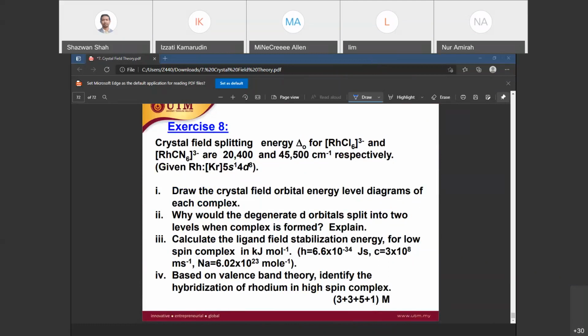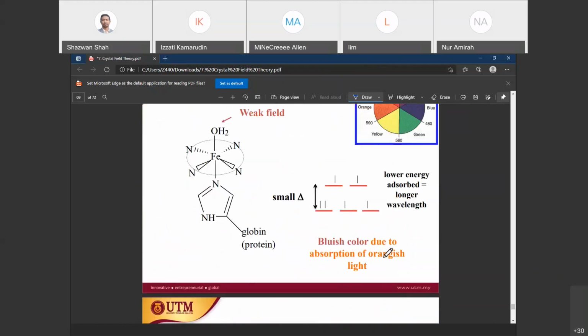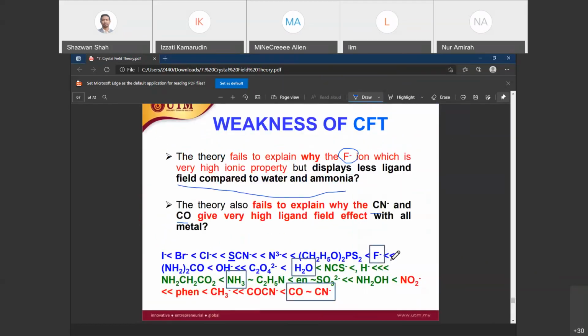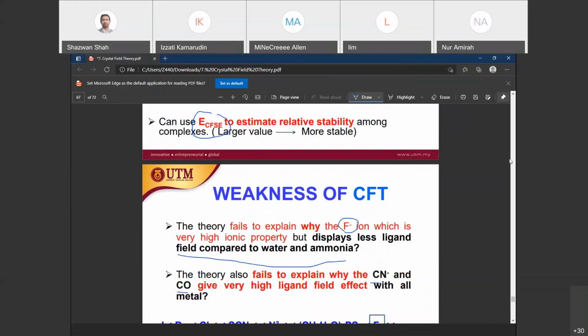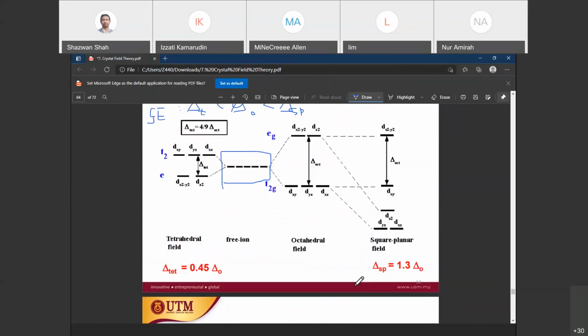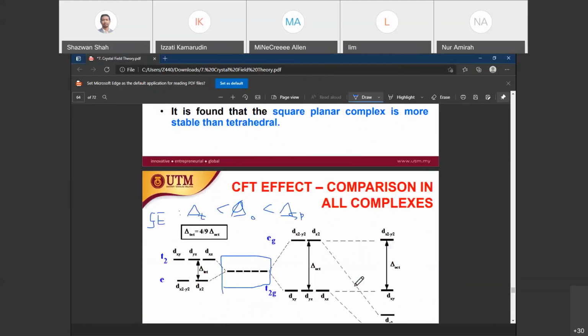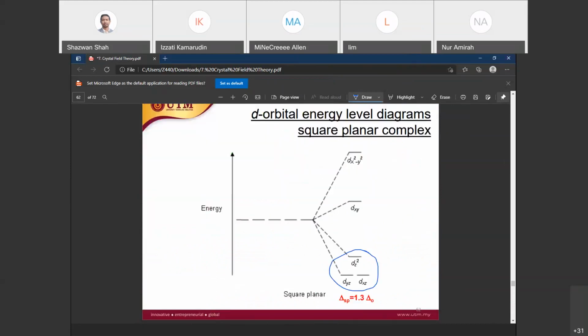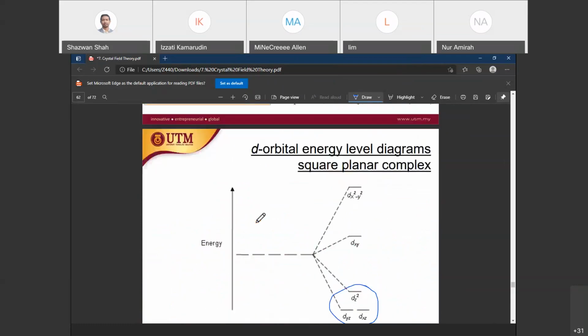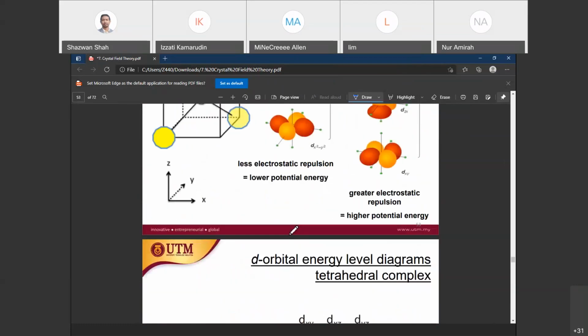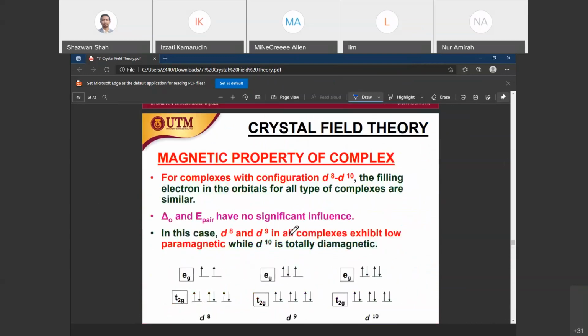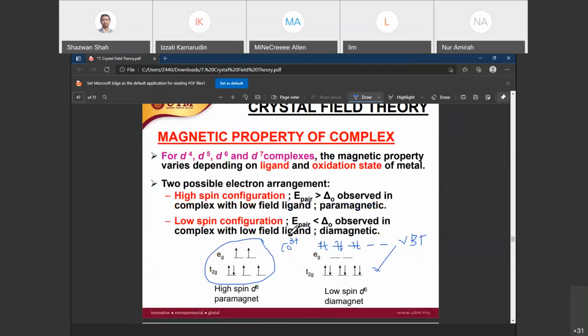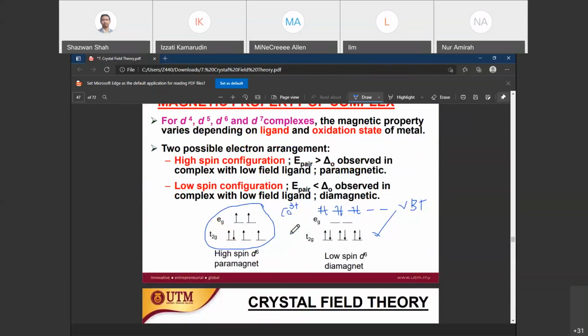So for paramagnetic, does it mean high spin, or does it depend? To determine the magnetic properties, you always need to draw the orbital diagram so that you can figure out whether it is high spin or low spin. Let's take a look at a d5 example, or we can take d6.